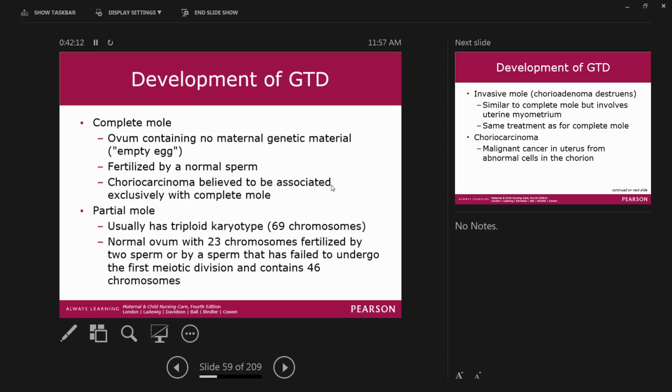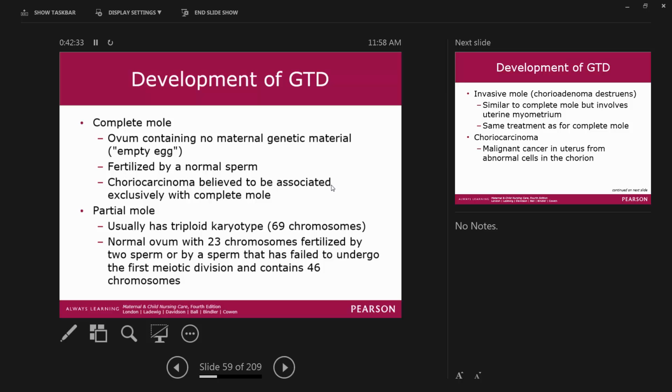So you have this, how many is that, 69? Anyways, or you have 1 sperm that did not undergo that division from its parent cell to the 4 baby cells. So 1 sperm can have the 46 chromosomes.